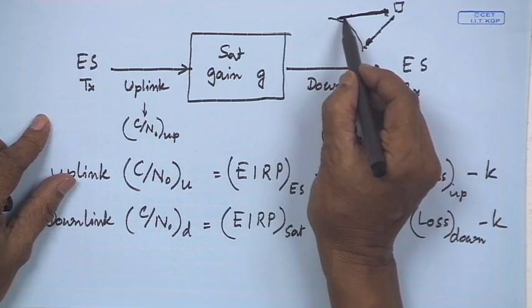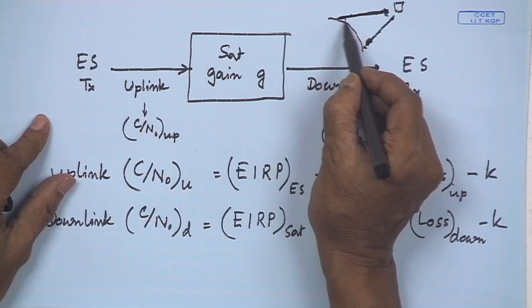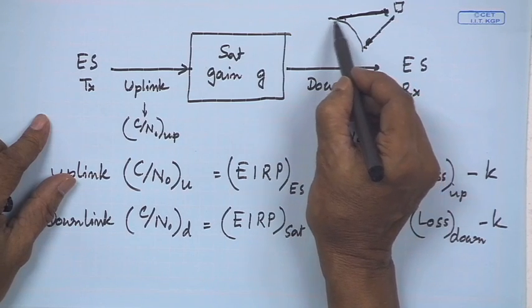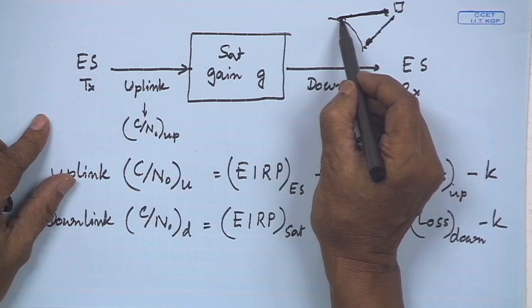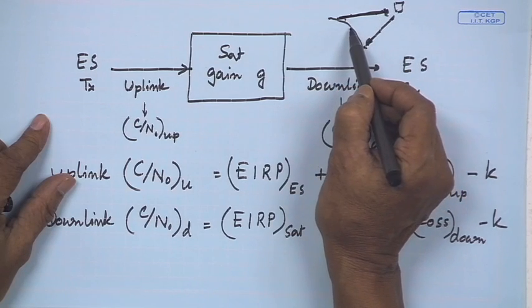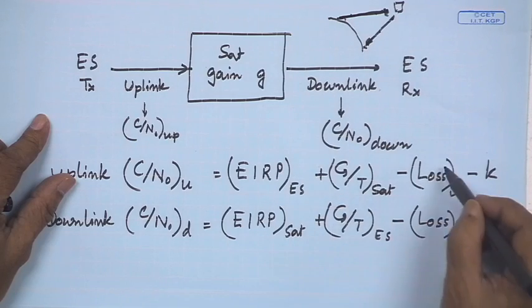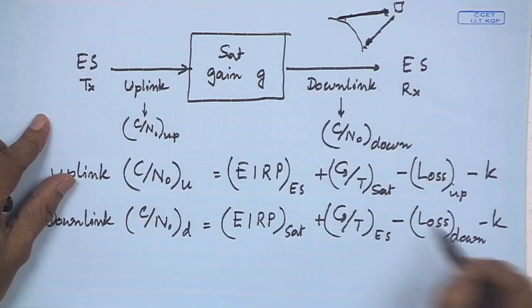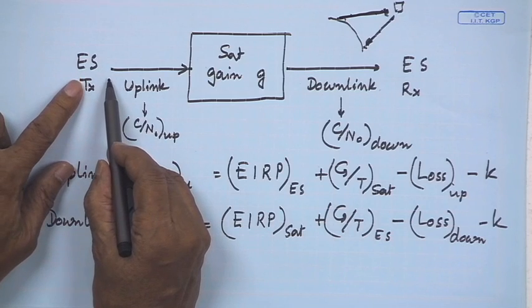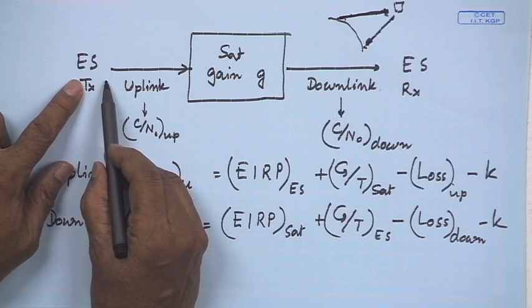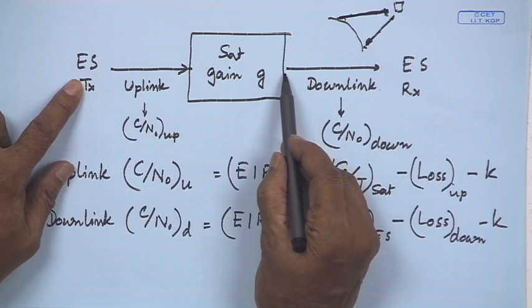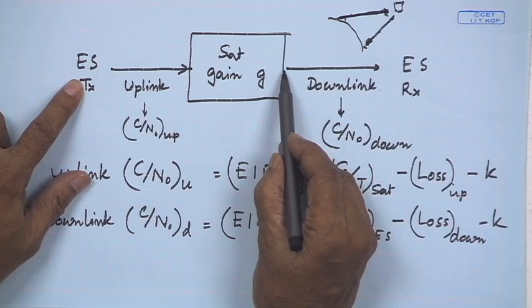Even if the earth stations are co-located, side by side, there will still be a difference, because the distance may be the same, but if the uplink and downlink frequencies are different, the losses will be different, remember. Similarly, the station antenna diameter and transmitted power are different from the satellite transmit power and antenna.